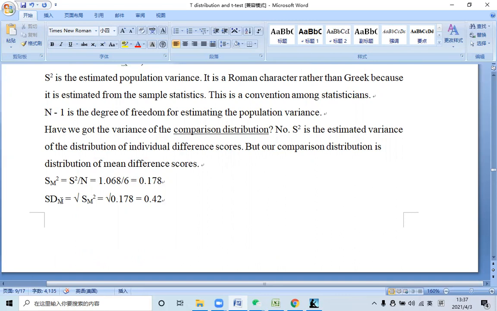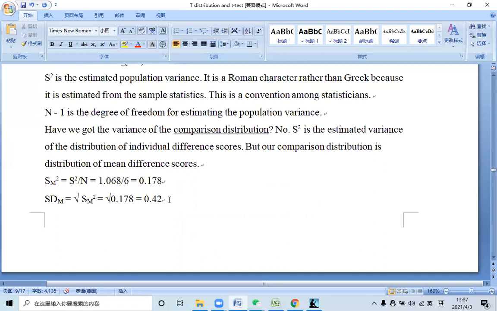Take the square root, we get the estimated standard deviation for the distribution of means, 0.46.